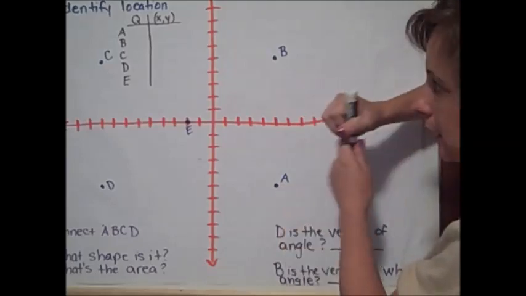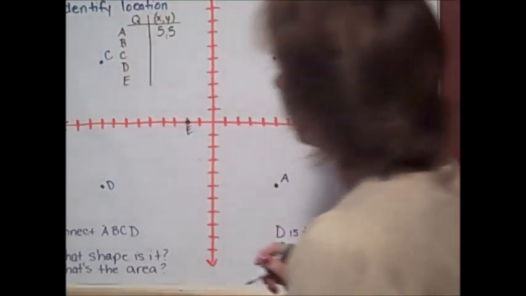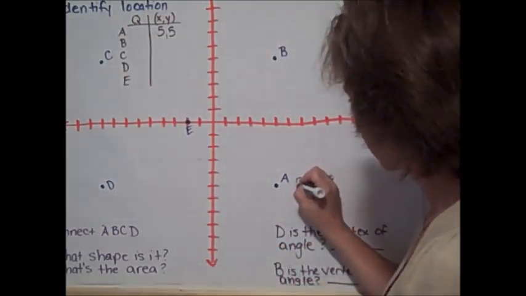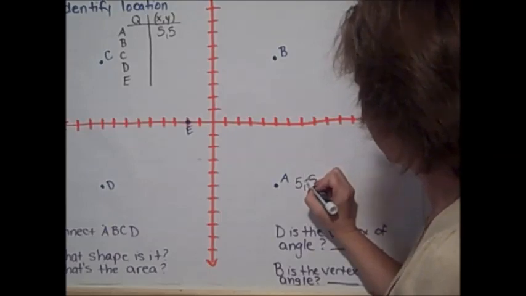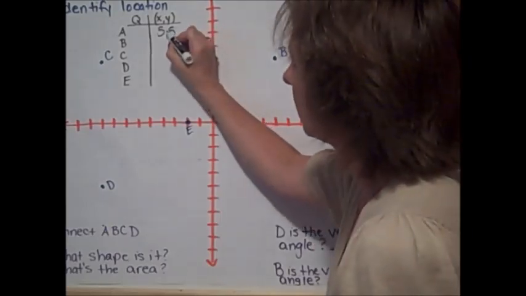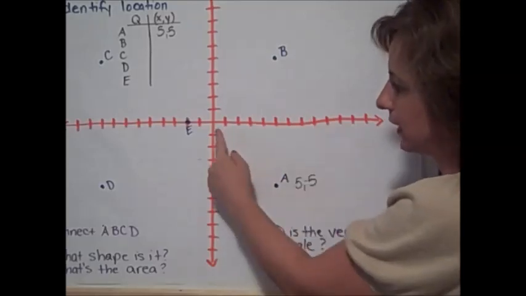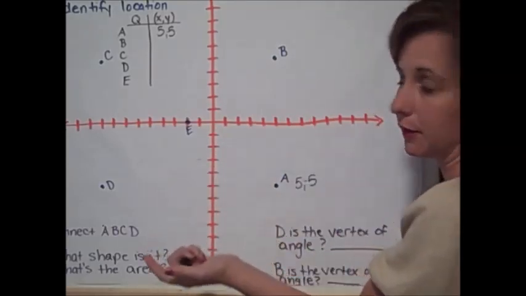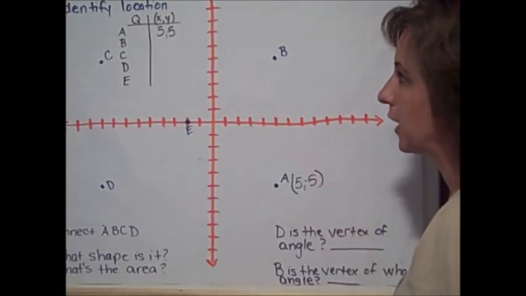Point A is found at 5, 5. I'm sorry, 5, negative 5. It's very easy to get confused, and I just did. 5 over, and then when we go down below 0, we're in the negatives. 5, negative 5.